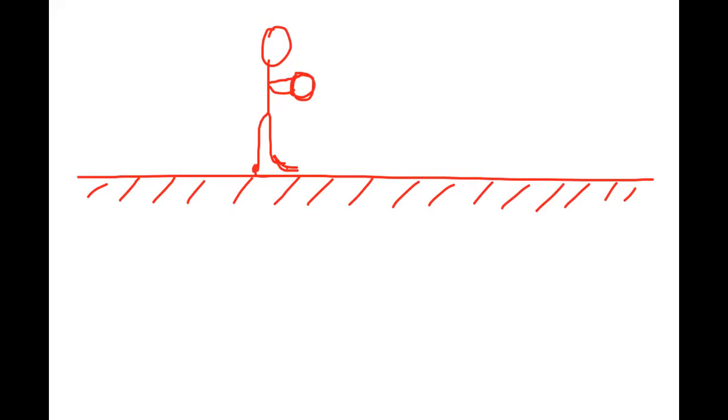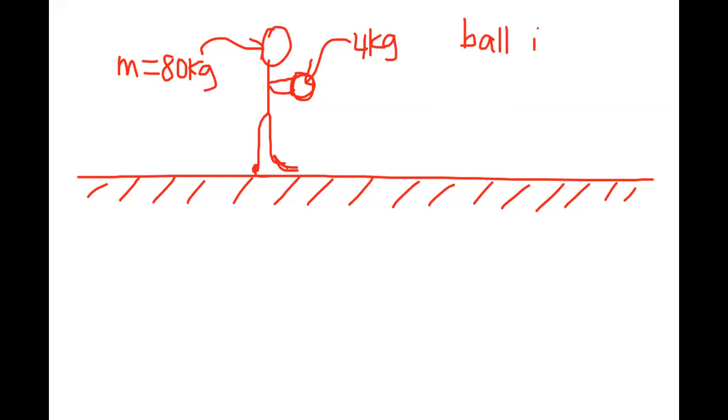The mass of the person here is given as 80 kilograms, and the ball has a mass of 4 kilograms. What's happening here is that the person tosses the ball. We are told that the ball is tossed at 20 meters per second.